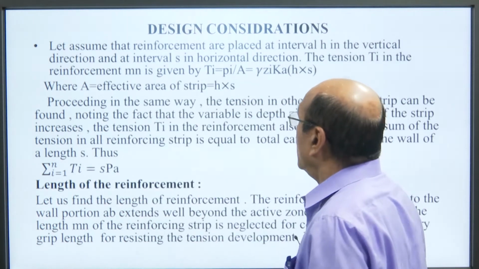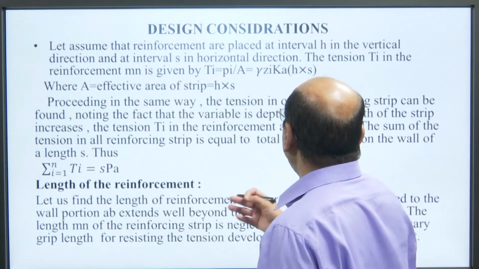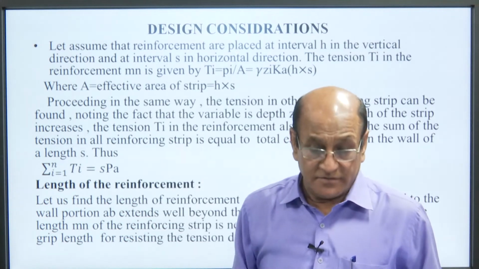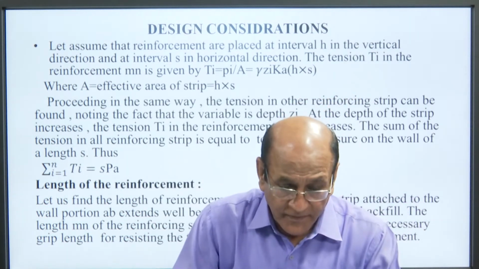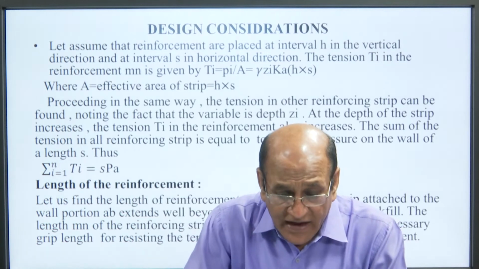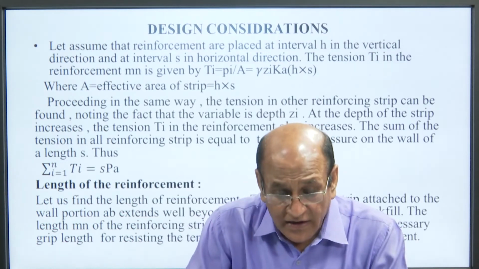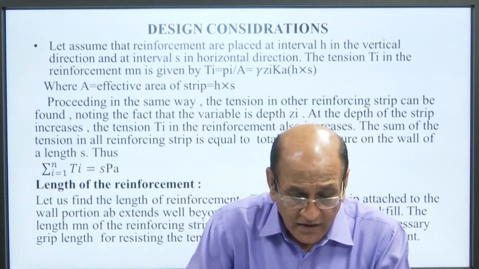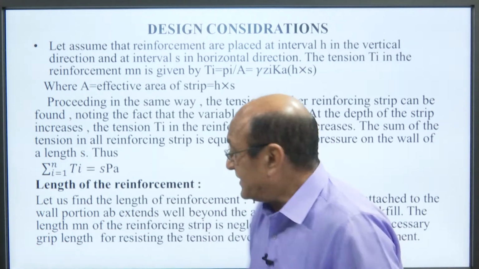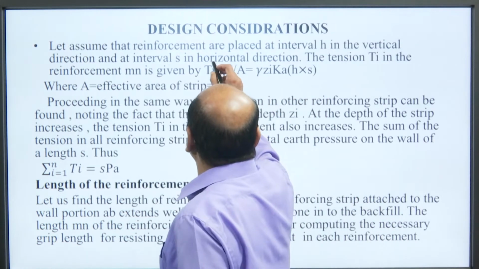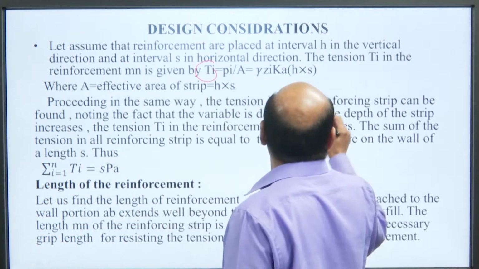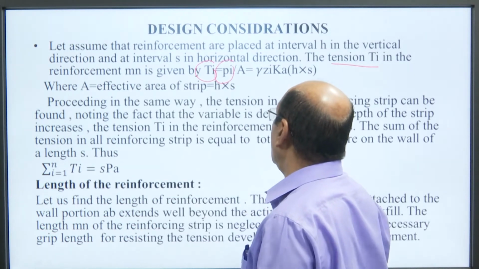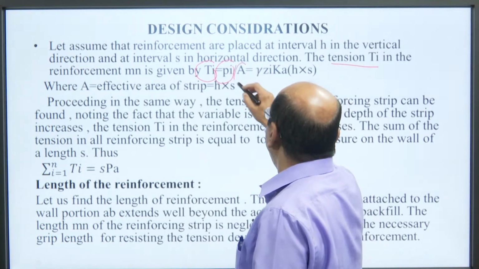Now, let us assume that reinforcements are placed at the interval h in the vertical direction, and interval S in the horizontal direction. The tension T_i in the reinforcement MN is given by T_i. Tension T_i is given by p_i, the pressure at ith, multiplied by area.